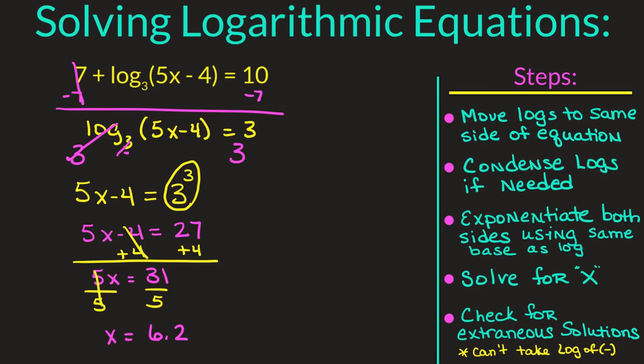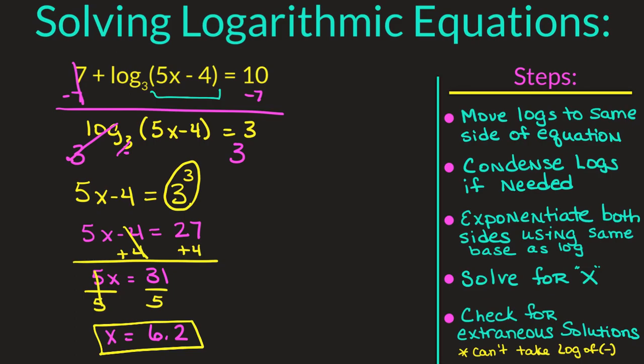Now, to check this solution that we came up with, this 6.2, to know if it's valid or not, we're going to check to see if it's extraneous, meaning that we're going to plug this back in up to this, in the parentheses, this 5x minus 4 section right here, because it's the part that's attached to the log.